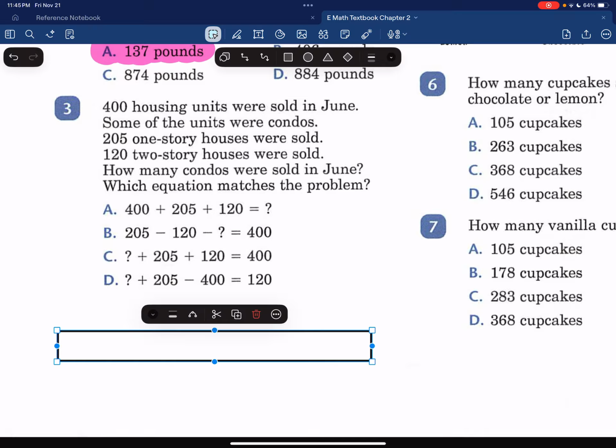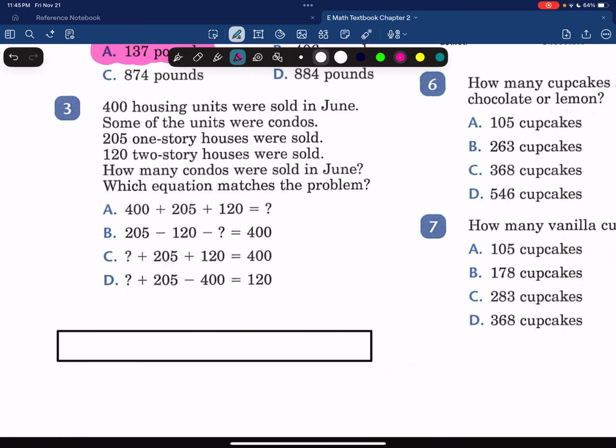So let's take the word problem step by step. The question is how many condos were sold in June? We know the total is 400 housing units were sold in June. So let's go ahead and put this here.